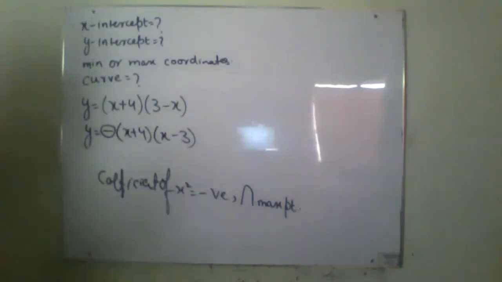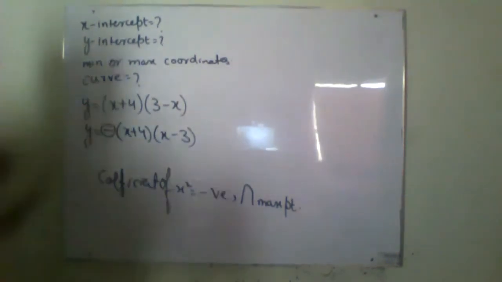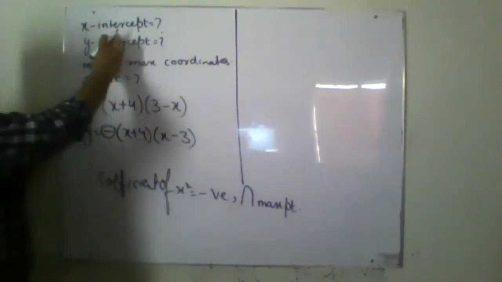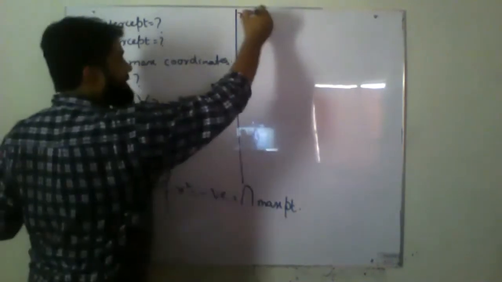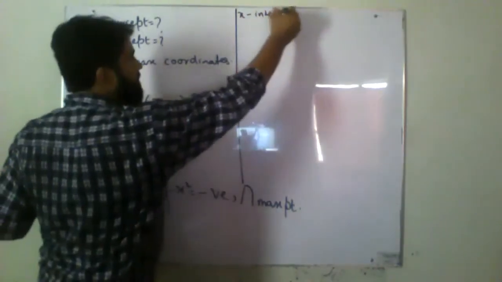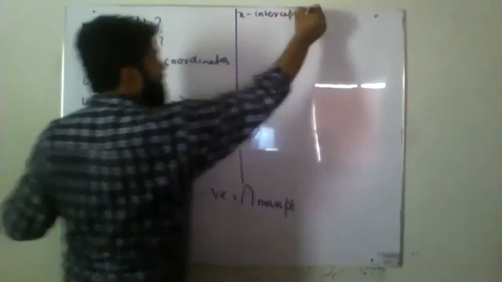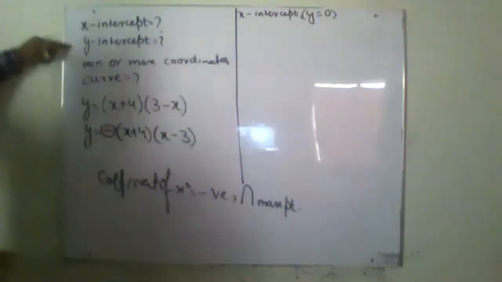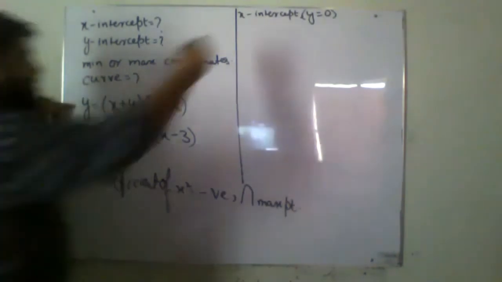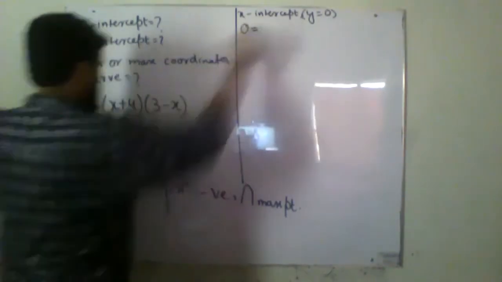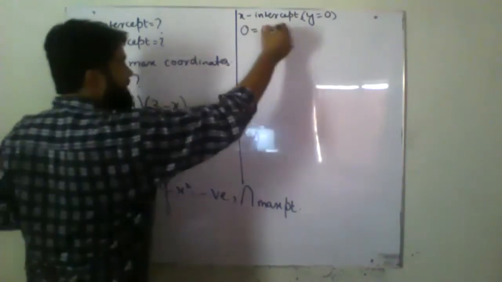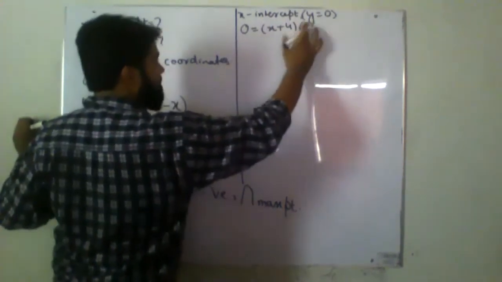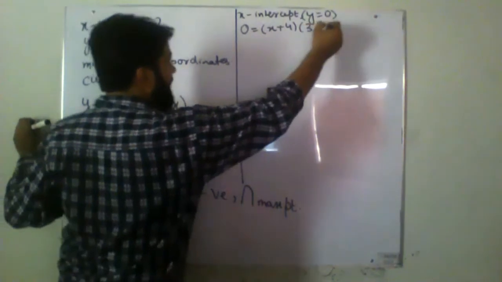Now after this, what they have asked for is the x-intercept. So x-intercept means the value of y will be taken as 0, and when I take y equals 0 over here, this will become x plus 4 and 3 minus x.